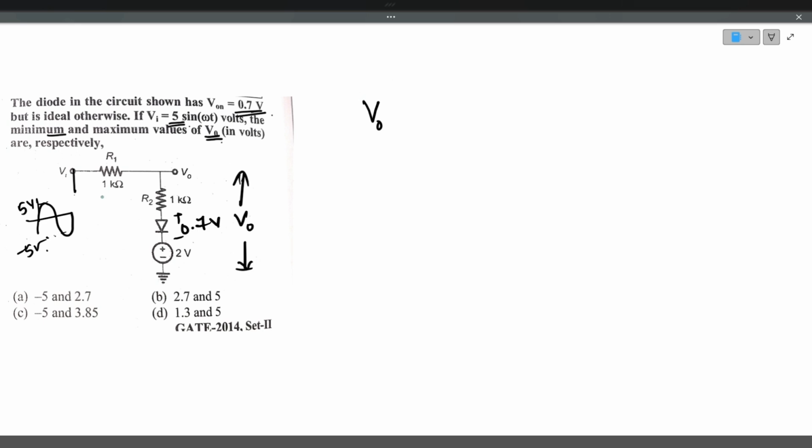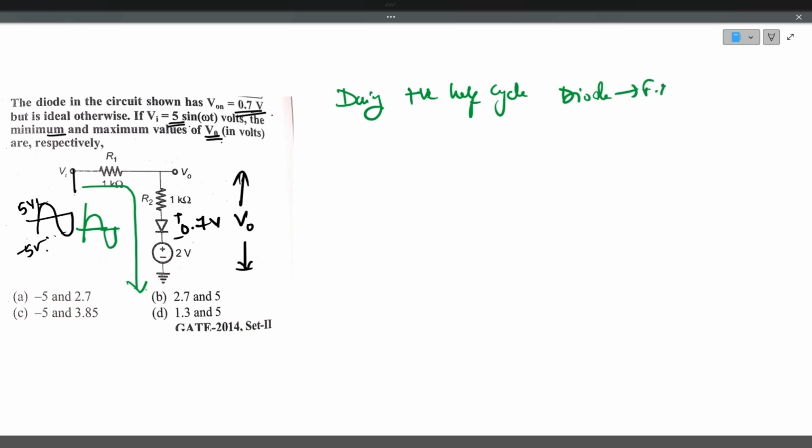So here if you analyze, the diode is forward biased, so current flows like this. During the positive half cycle, the diode is forward biased. During the negative half cycle, the diode is reverse biased. During positive half cycle, diode conducts. Diode is forward biased, so conducts. So the current flows in the circuit.